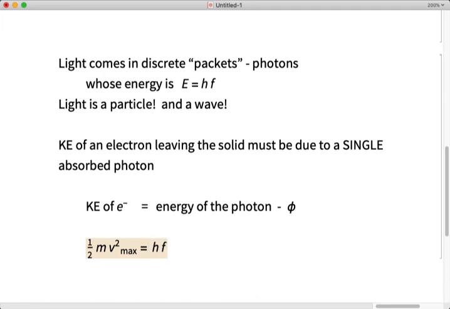That's just Planck's constant times the frequency of that photon minus the work function. I'll spell it out in words here, and we'll put the symbols down here. This is the photoelectric equation. This is just conservation of energy for these absorbed photons, but it has built into it this discrete packet of energy associated with these particular wavelengths.